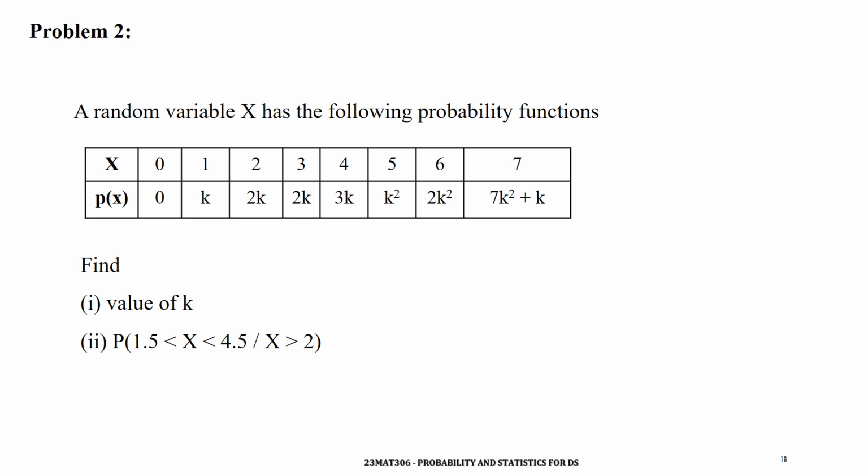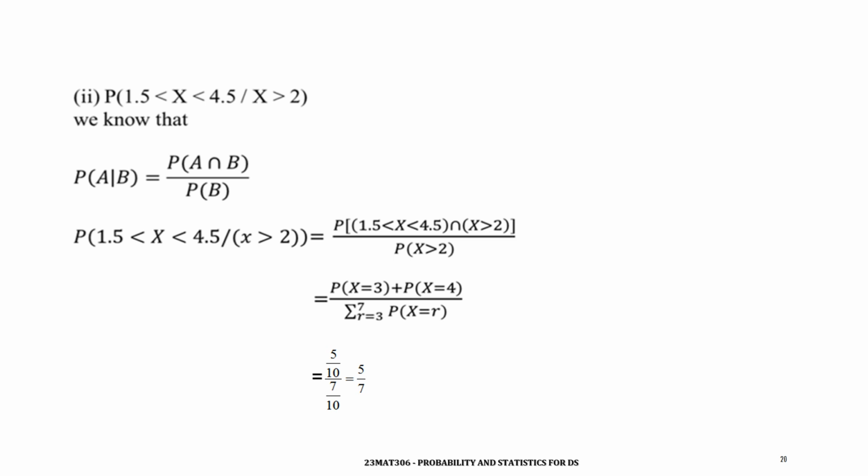Given the k value as 1 by 10, let us solve the second question here: the probability of 1.5 less than x less than 4.5 given x greater than 2.